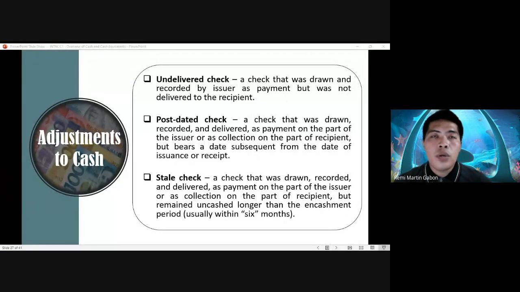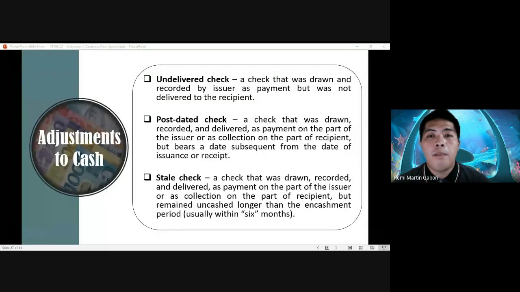So our goal to adjust our cash is to reverse the journal entry that we have made to record such payment. Okay? Kindly raise hand if nagigets ako dyan. Okay. So thank you kung nagigets ako dyan.